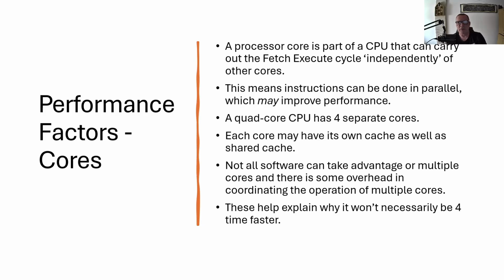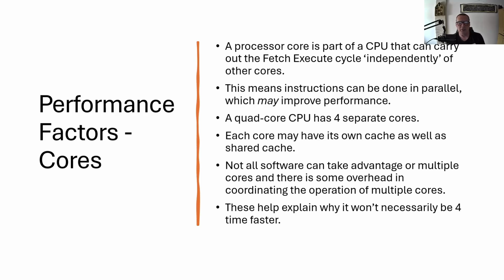Each core can have its own cache, which is fast memory for storing frequently and recently used data and instructions. Not all software can take advantage of multiple cores though, which is one reason why having a multi-core CPU isn't always going to give you a massive performance increase.